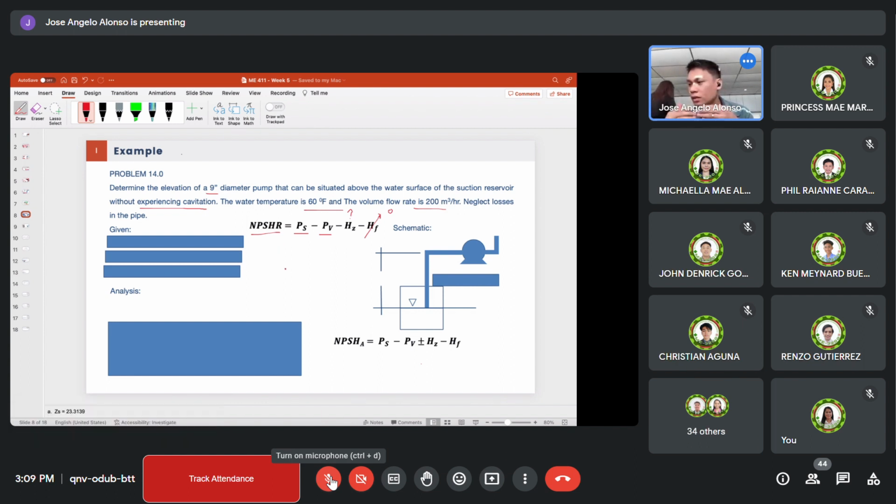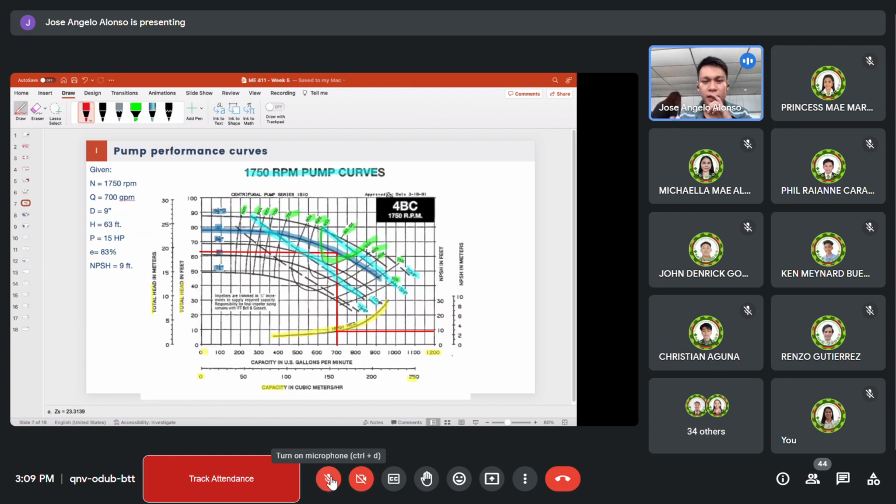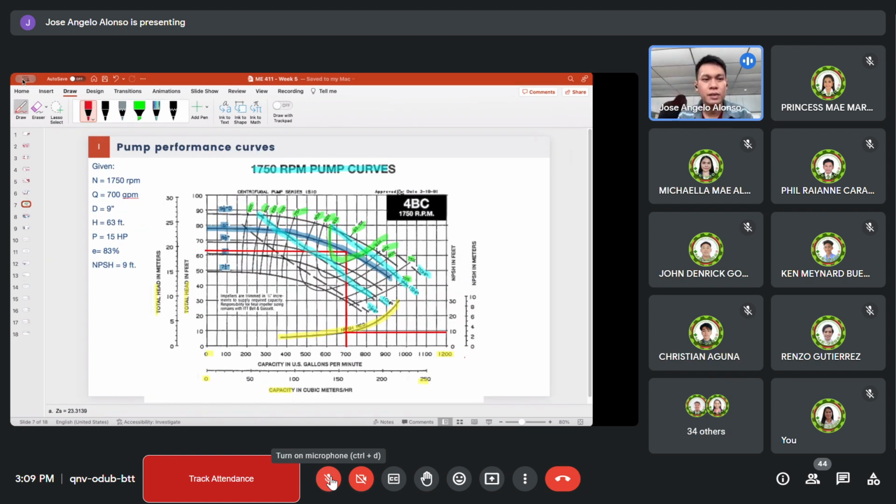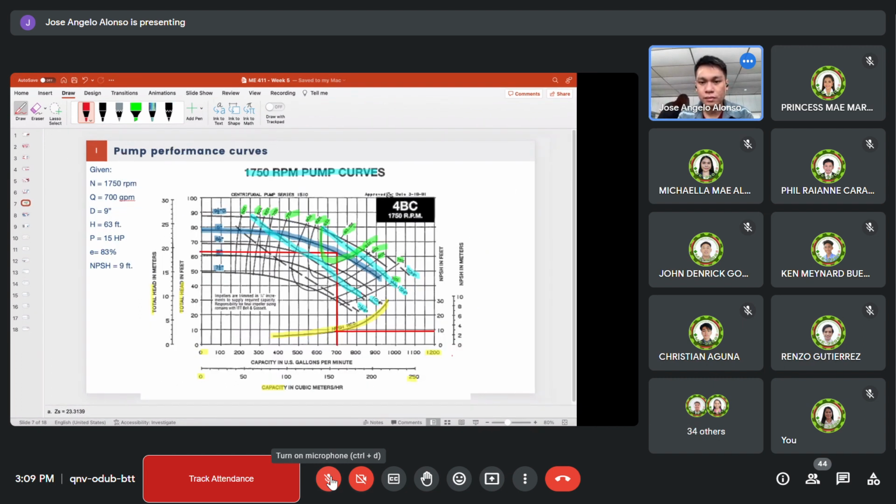So ito yung na-verify natin kayo na sa graph. It's a function only ng volume flow rate. So since volume flow rate is 200 cubic meter per hour, check lang natin si 200 cubic meter per hour. So we'll use the bottom details kasi naka-metric unit tayo.